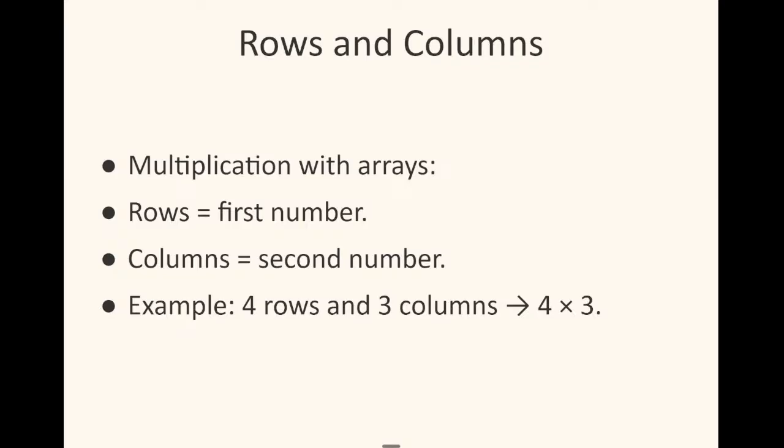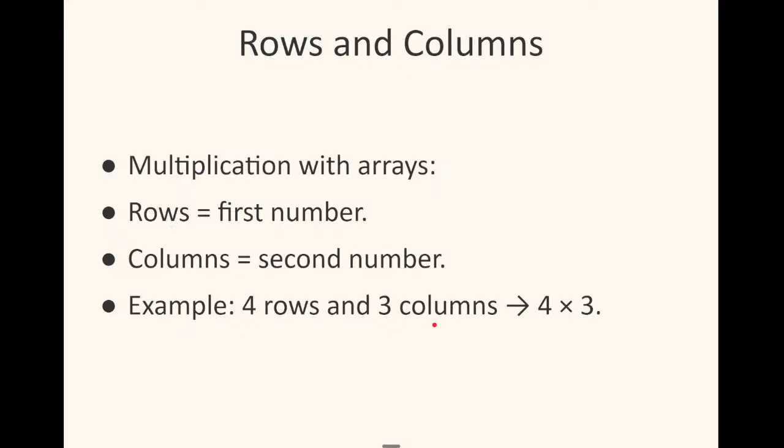So when we use arrays, the first number tells us the number of rows, and the second number tells the number of columns. So in this example, you'll see 4 times 3, and the first number would equal the rows, and the second number would equal the columns.